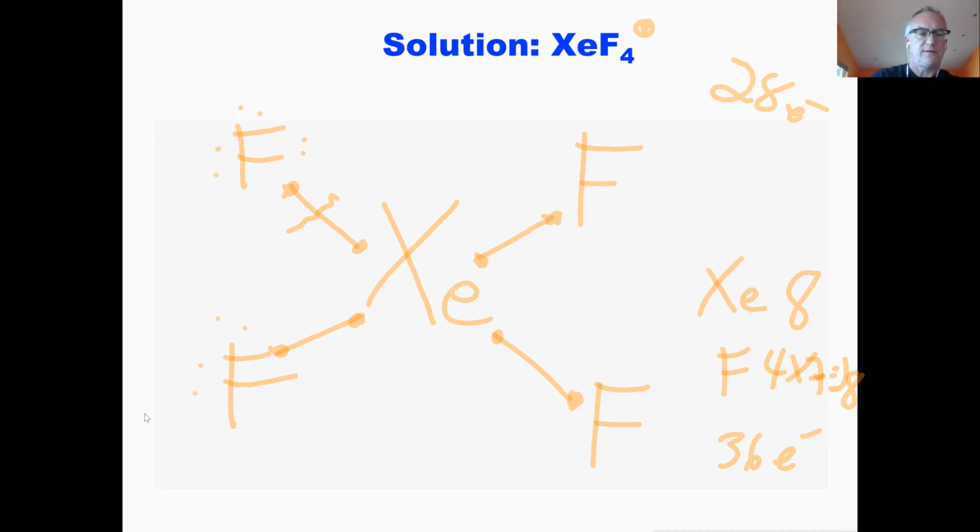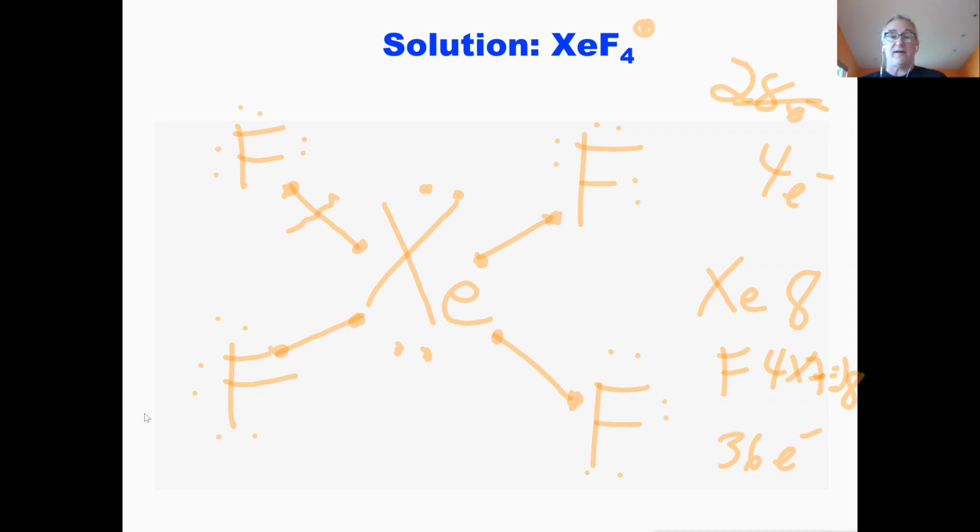That's 24, leaving us with 4 left over. So where do the 4 left over go? Around xenon, the middle. Yeah, anytime you have electrons left over, you put them in the middle. So we'll put 1 pair there and 1 pair there.